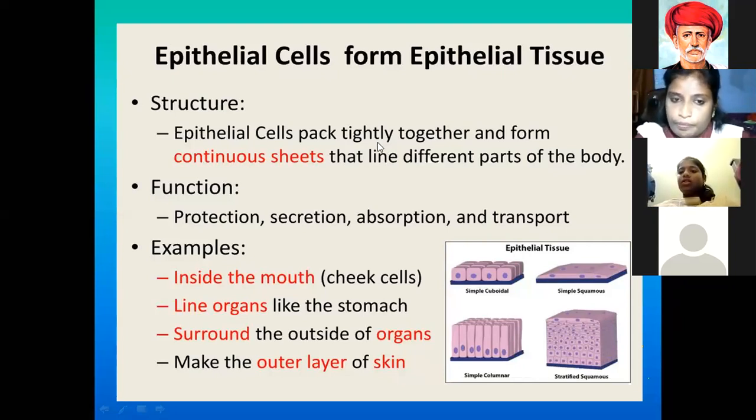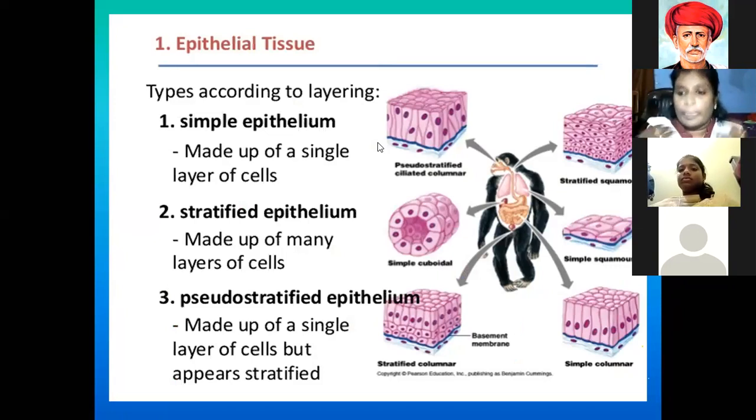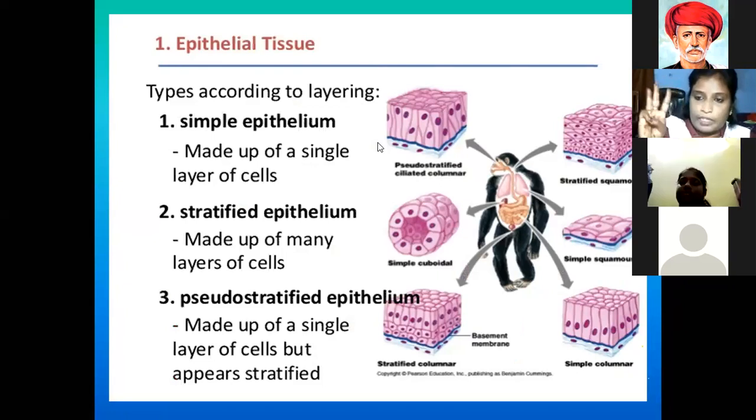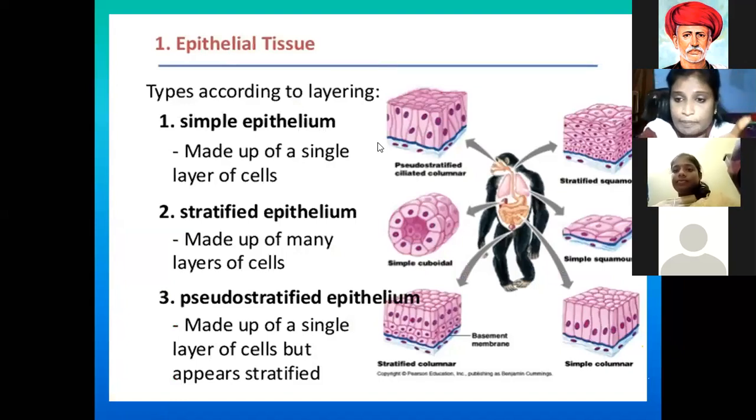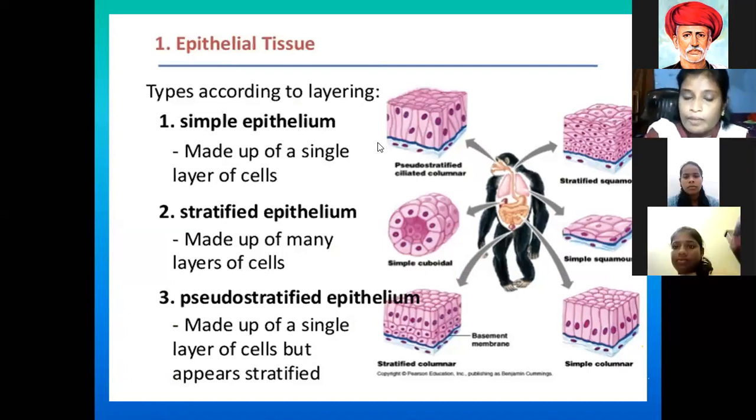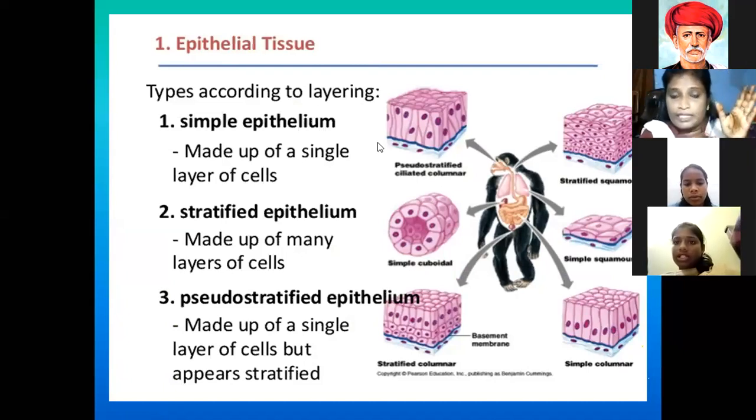Epithelial tissue has three types. How many types are there? Three types. What are they? See in this picture also, this is one kind of living organism. The first type is simple epithelium. The second is stratified epithelium.